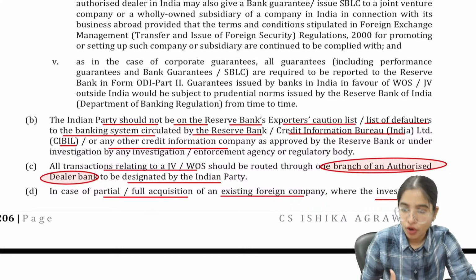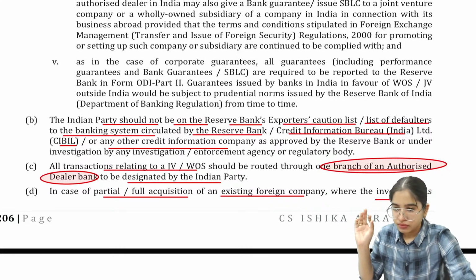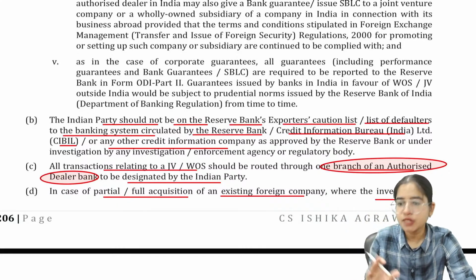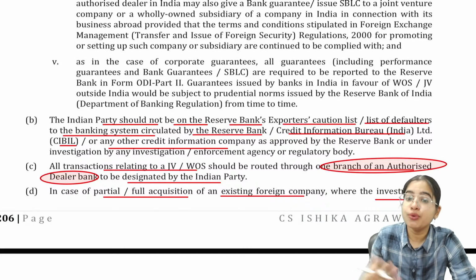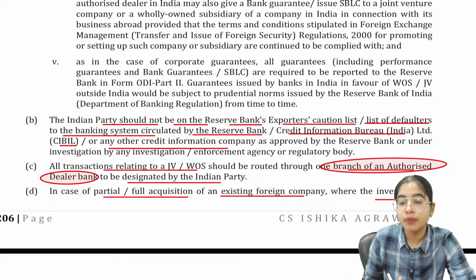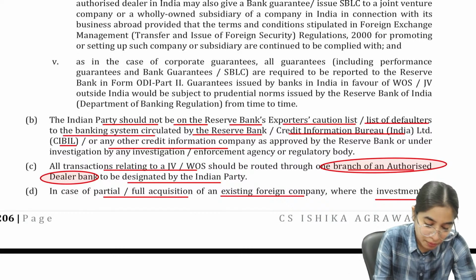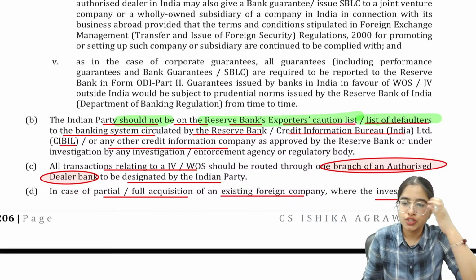Whosoever has done default, RBI maintains a list, like the RBI exporters caution list or the list of defaulters. So if you are someone who's in the list of defaulter, then you would not be allowed to make investment abroad. So you should not be on the RBI's exporter caution list or the list of defaulter.